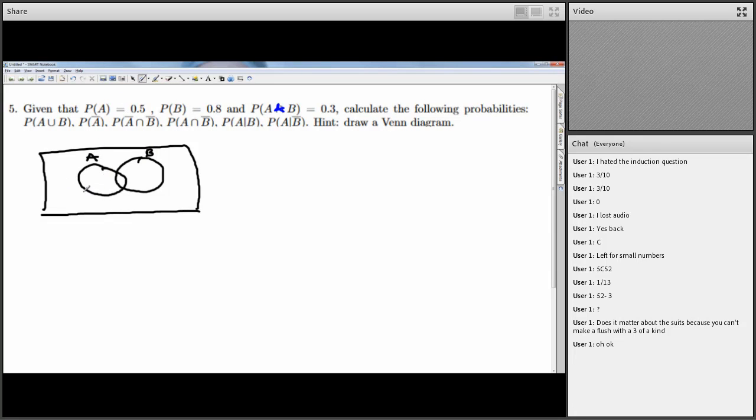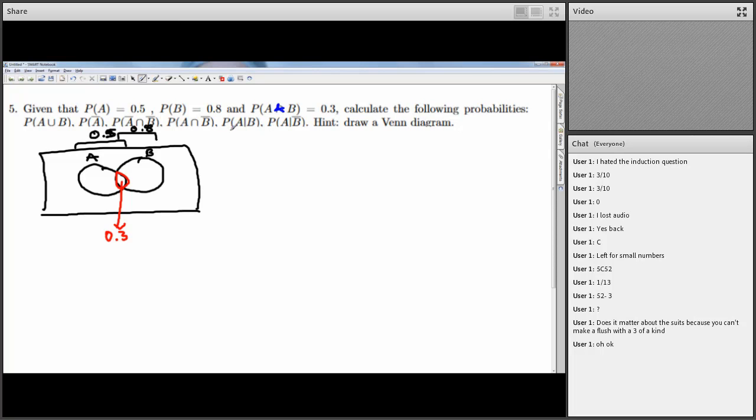The probability of landing in all of A is 50%, and the probability of landing in all of B is 80%. And the other thing we've been told explicitly is the probability of landing in the intersection, A and B, is 30%. So there's three things I was given in the question.